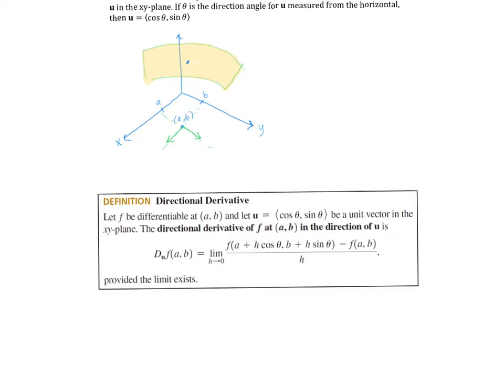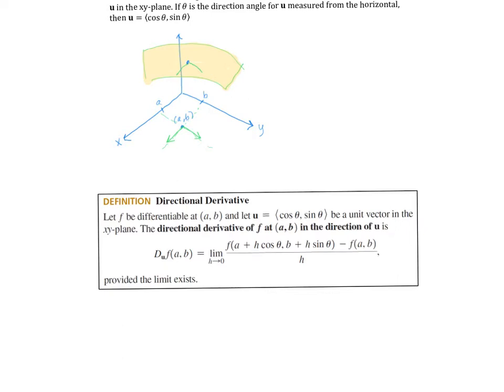That's very limiting. Okay, so it would correspond to some direction on our surface, which is super limiting. Because when we find derivatives, we're finding rates of change. And you think about in a real world application, typically you want to find your maximum rate of change or your minimum rate of change.